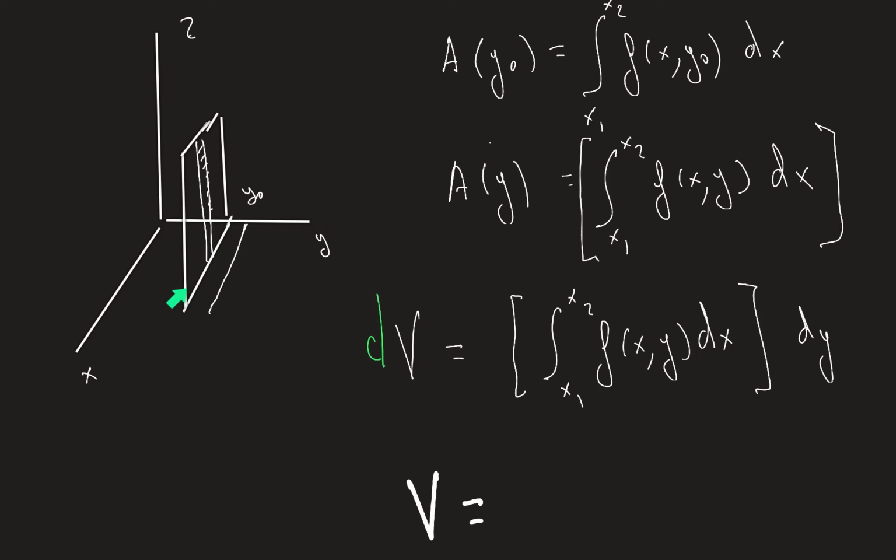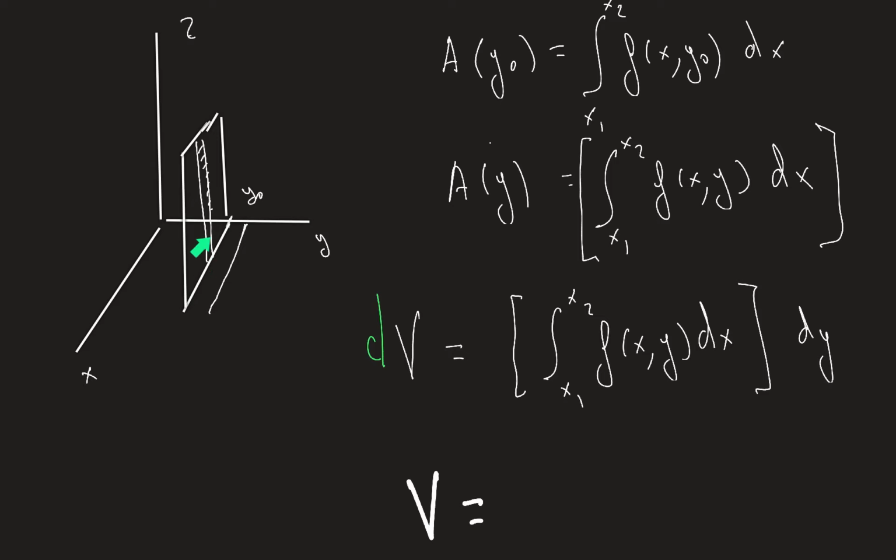It's not exactly a rectangle, because the function can do something like this, okay? But you imagine the function on the top. So what is the area that exists at the position y equal y0?